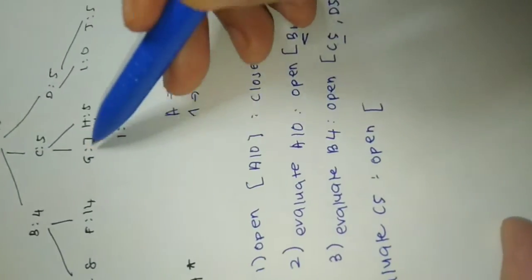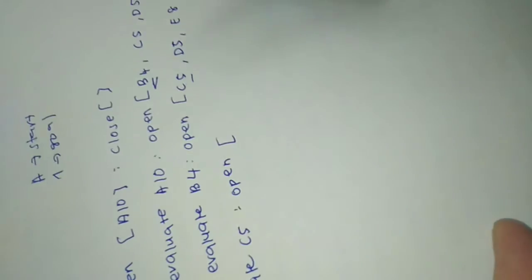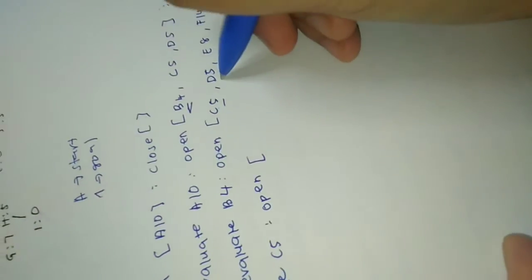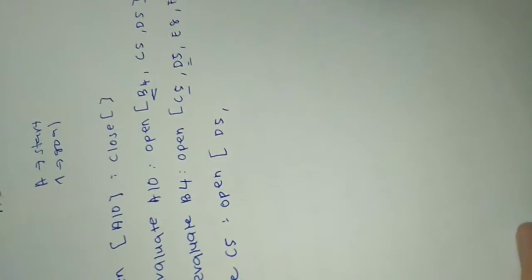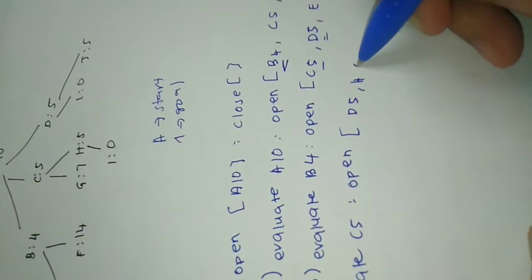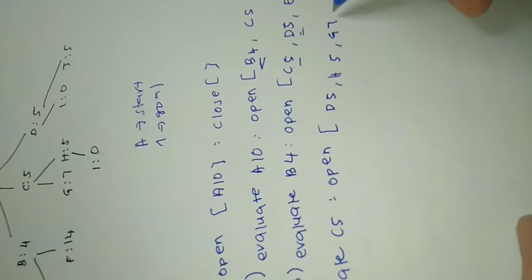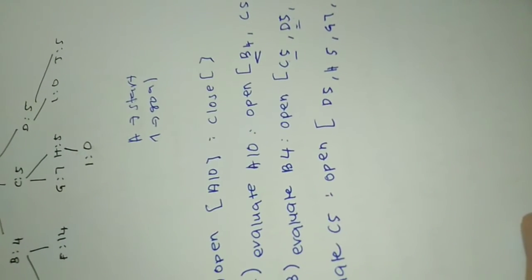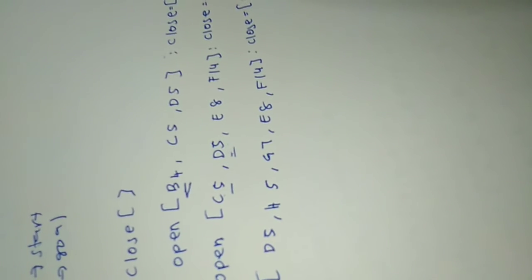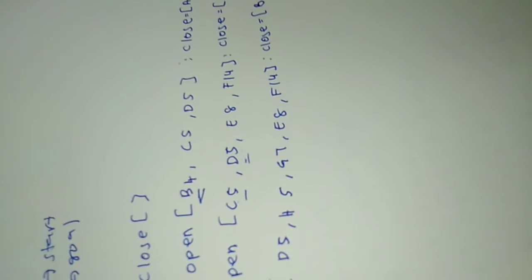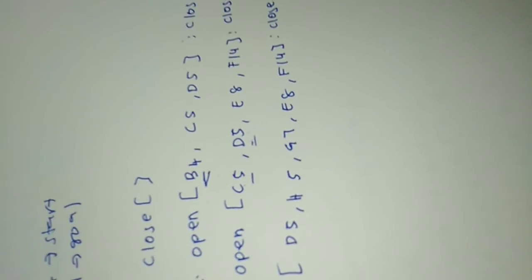So when you open this one, I'm going to open G7 and H5 first. G7 and H5 and D5 have the same number. So we're going to put D5 first because D comes before H. And then we're going to put H5, and then G7, then E8, and last one is F14. For the closed part, you just have to write down everything, but consider all the numbers with the alphabet.